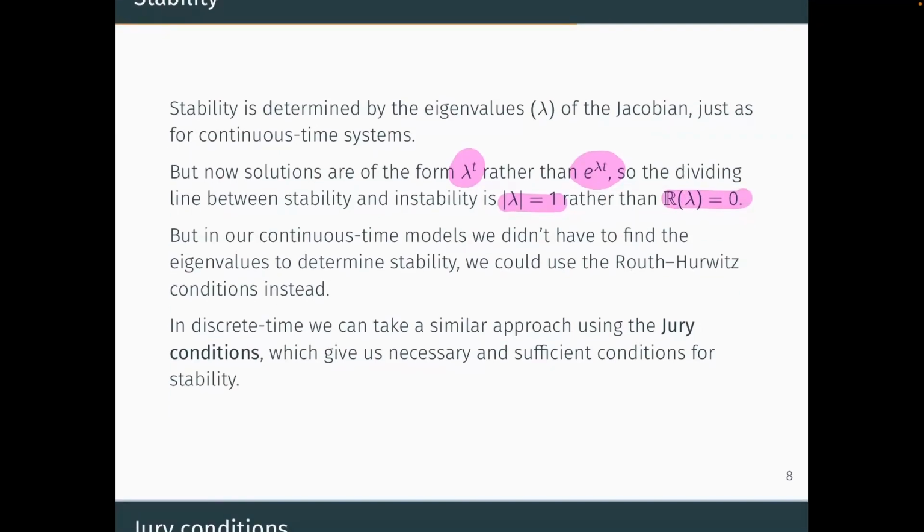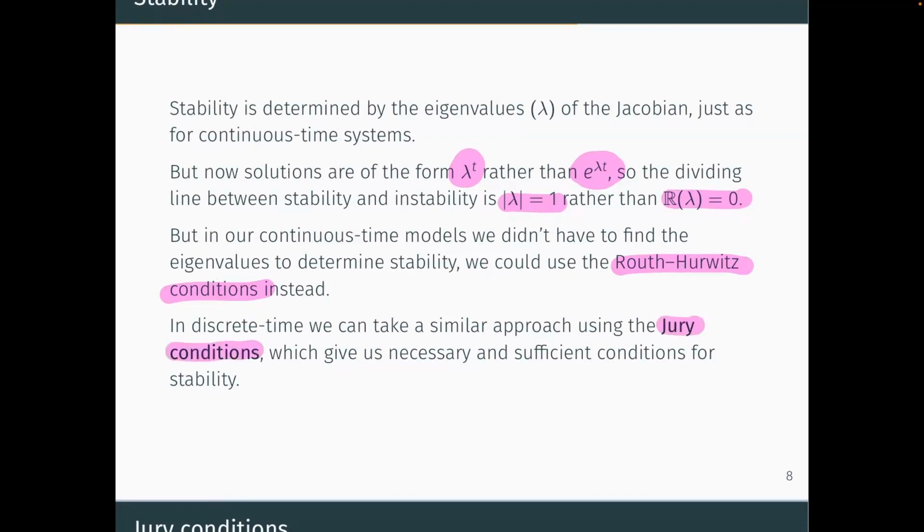And in our continuous time models, we didn't always necessarily need to find our eigenvalues to work out what stability was, right? We could use the Routh-Hurwitz conditions, where we just look at the trace and the determinant of our Jacobian, and then look at the signs of those. And if the trace was negative and the determinant was positive, then we would have an equilibrium that was stable, okay? There's something analogous, a little bit more complicated in discrete time.